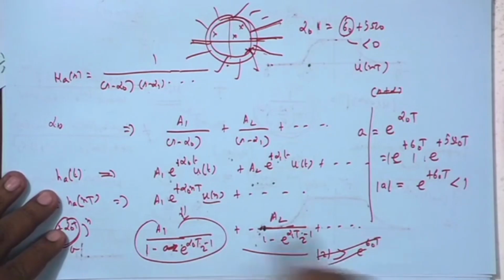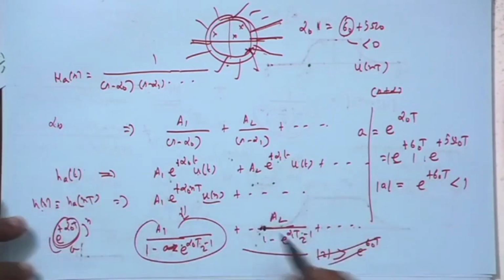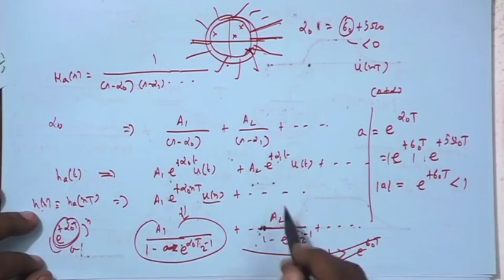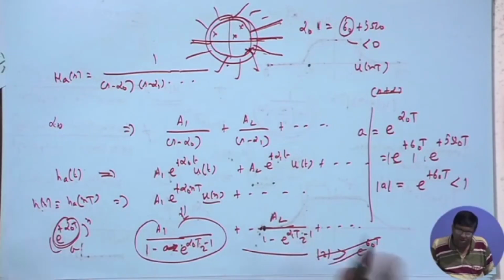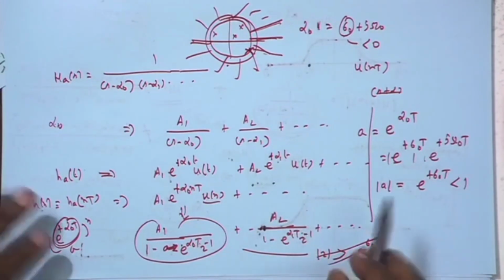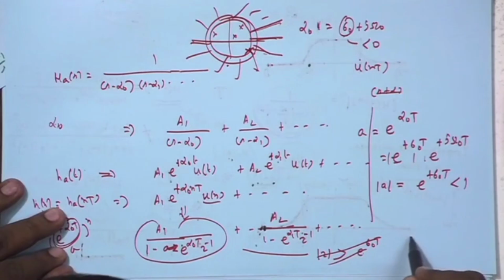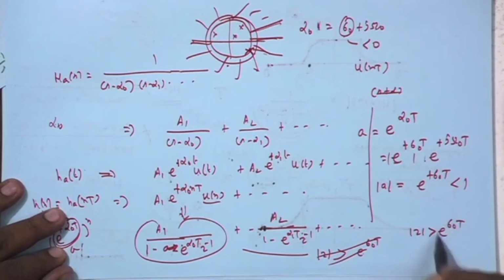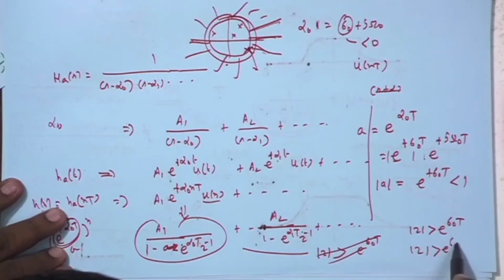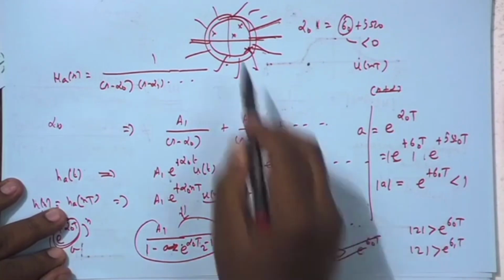The numerator also will be, simple algebra says, a polynomial in terms of powers of z inverse. So you get a rational form. Here mod z will be greater than e to the power sigma 0 t, which is less than 1. Also from this, e to the power sigma 1 t is also less than 1. All these are within the unit circle, that is what I said.